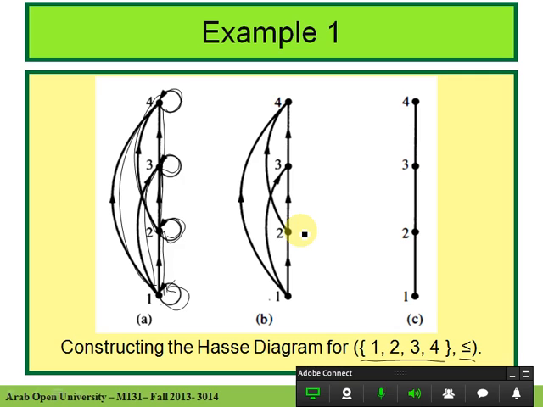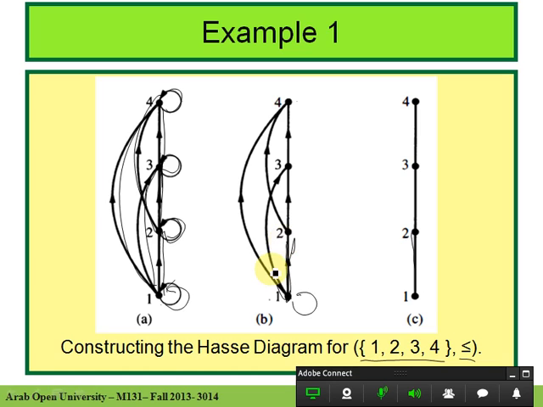For example, you have to remove the loops because they are already present; here also we remove the loop, and here also we remove all the loops. The next step is to remove all the directed relations implied by transitivity. 1 to 2 is already present, so no need to include it again.